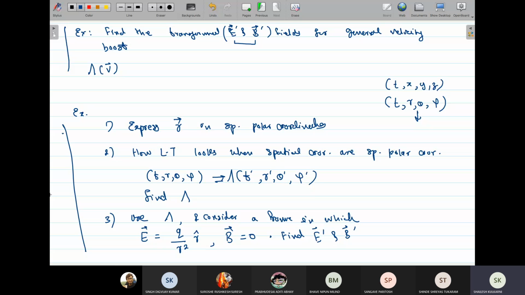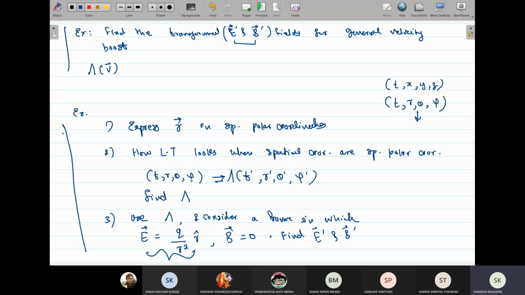There are lots of exercises. Unless you do this, you will not get any feeling about the Lorentz transformation. This is your usual point charge. I have the electric field of a point charge, and now I go into a frame which is moving relative to the first frame with velocity v along the x-axis. You find that.